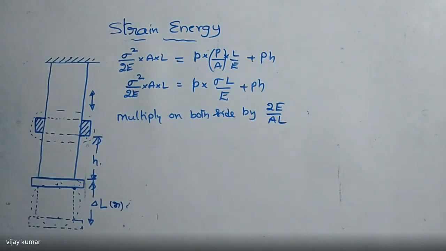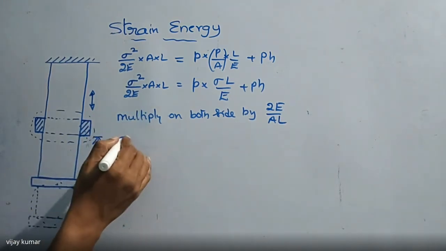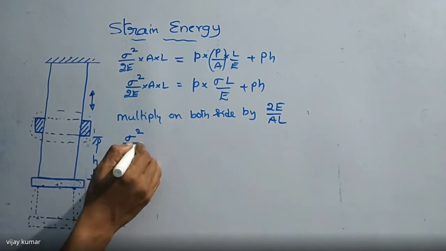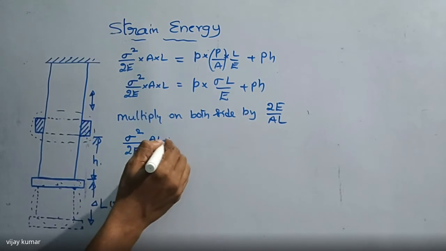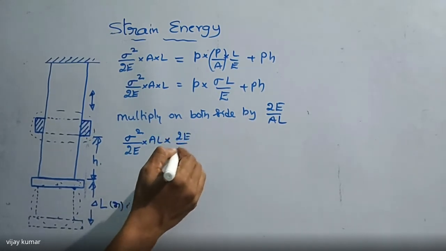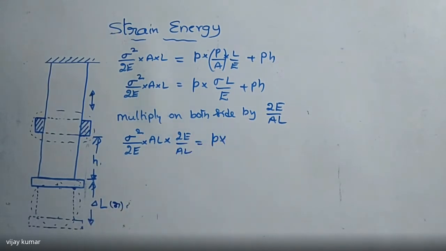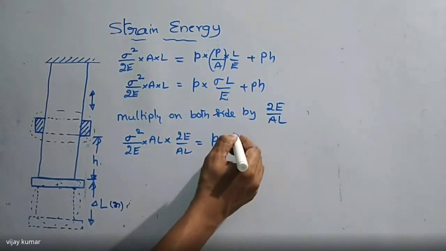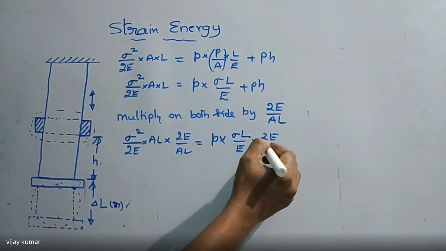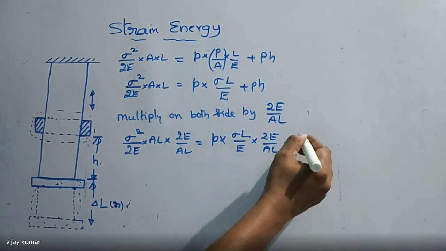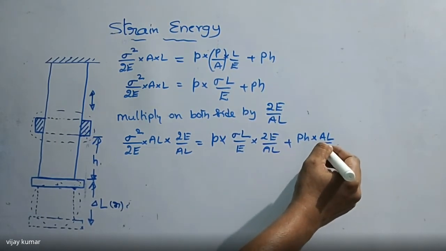Then how much value do we get here? Generally, I am getting sigma square divided by 2E into AL, multiplied by 2E by AL, is equal to P into sigma L by E into 2E divided by AL plus PH into 2E by AL.